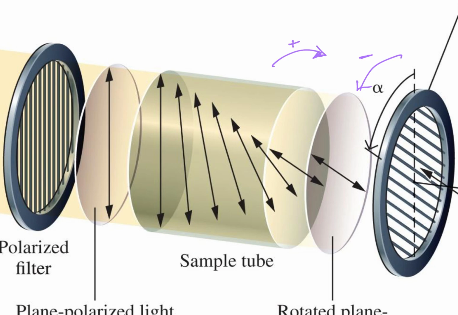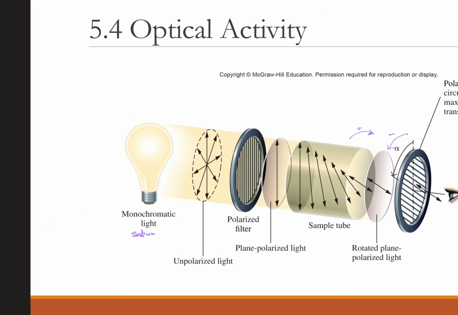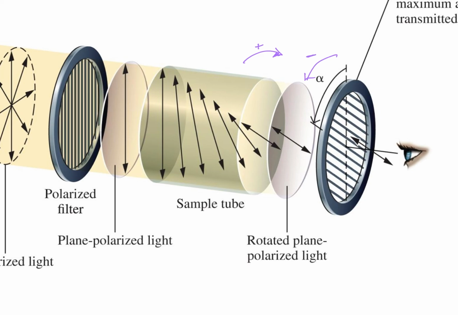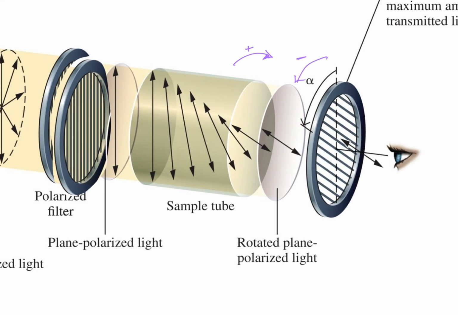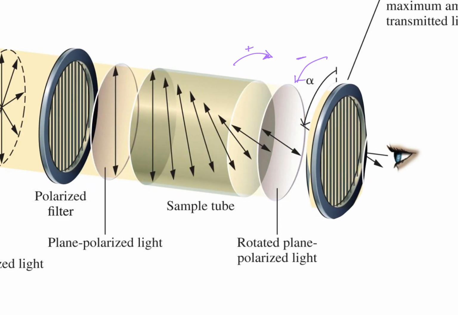And so that's just going to have a negative rotation. We can measure the amount of the rotation in a polarimeter, which has a second filter. If I take the second filter and it is in the same orientation as the original one, what you're going to see is nothingness.